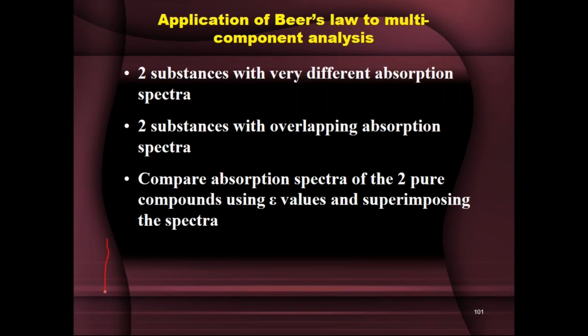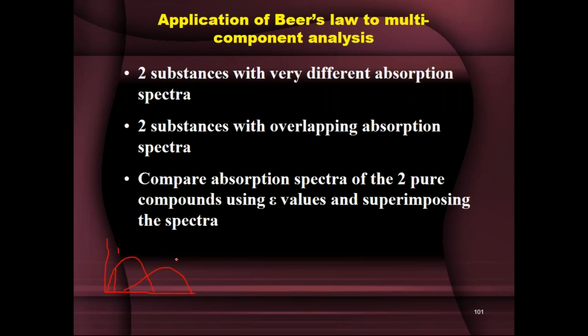See now here, suppose we draw like this. Here you have one absorbance, and here you have the second substance. These are overlapping absorption spectra. But here you can always find a wavelength, this wavelength, at which only the first substance absorbs.